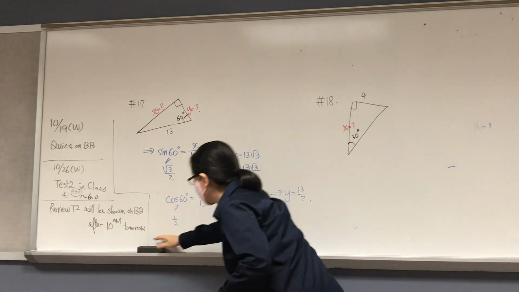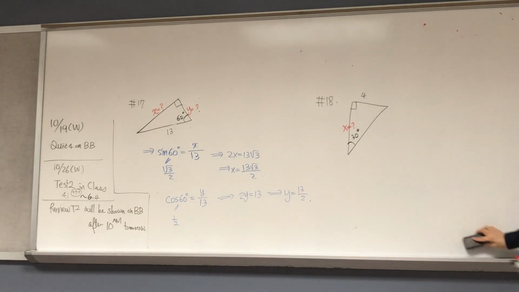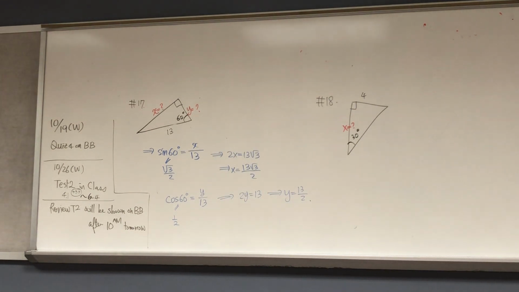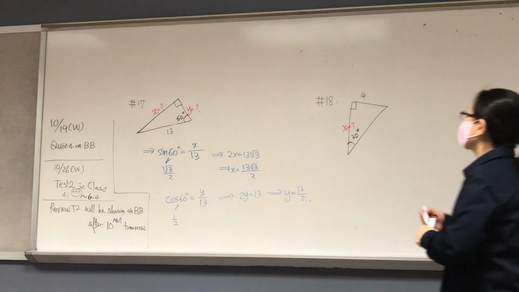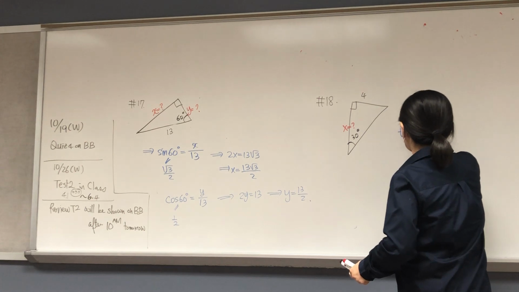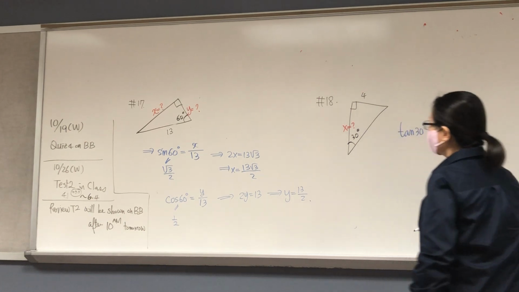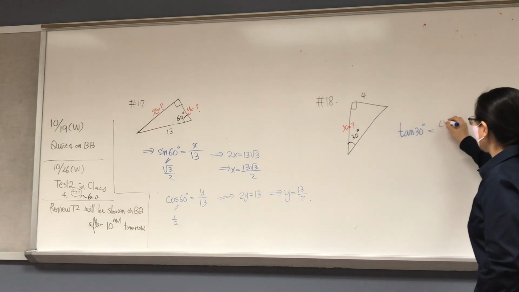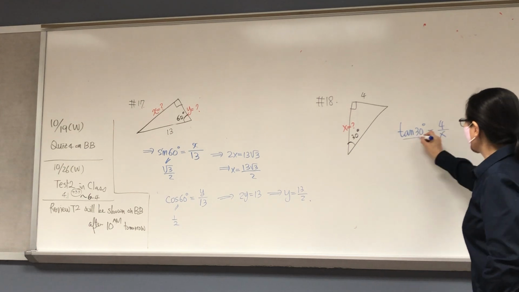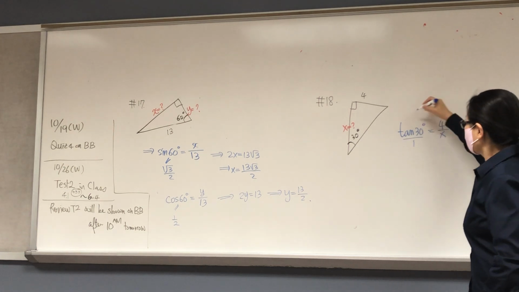What do you need to do? 30 is also a special angle. So tangent. Tangent 30 equal to what? 4 over x. Good job. So cross multiplication.